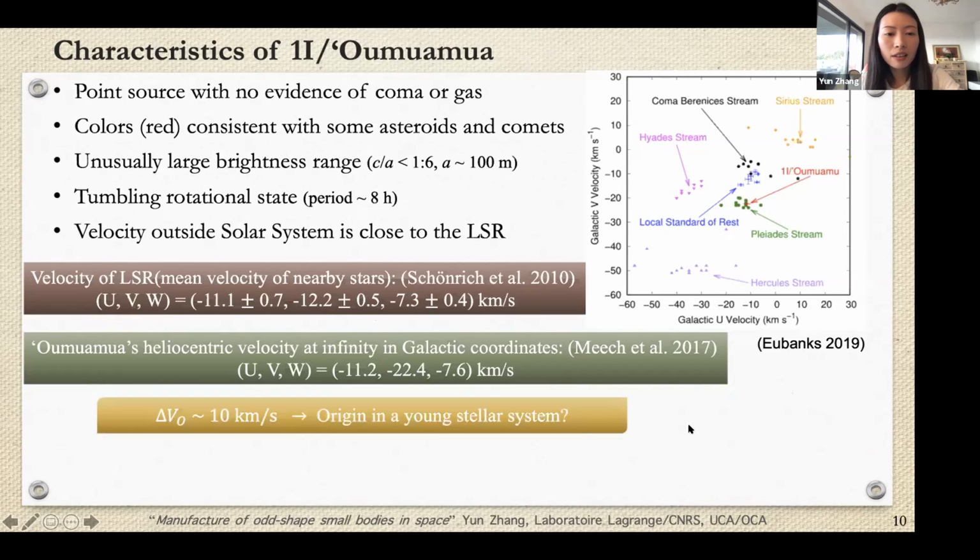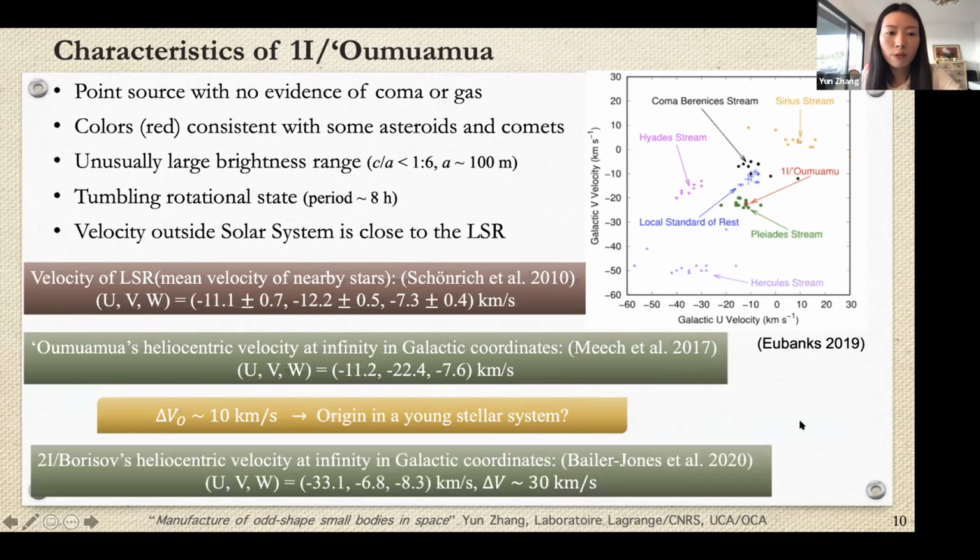Since younger stars have smaller velocity dispersion than older systems, this small deviation would suggest that Oumuamua may come from a young stellar system. Well, for the second interstellar object, Borisov, which was discovered in 2019, its speed variation is much larger, which suggests that it comes from an older system.